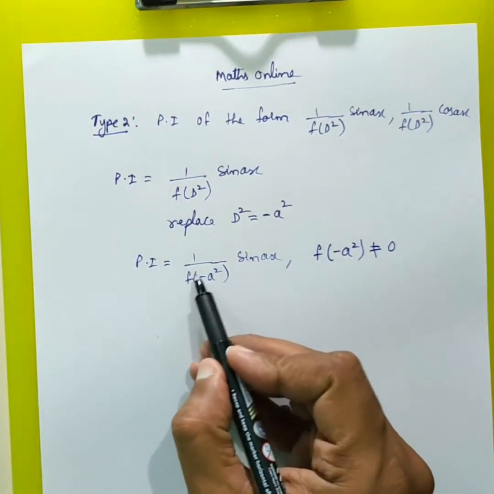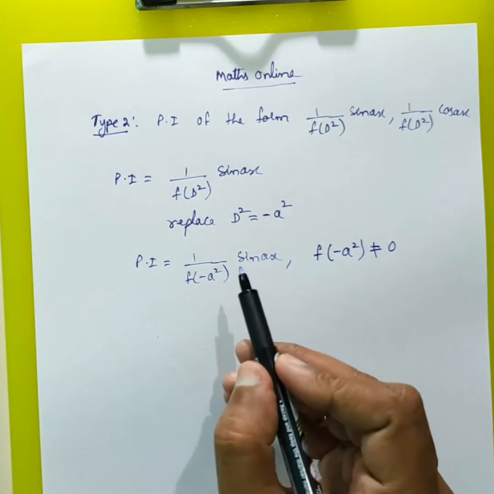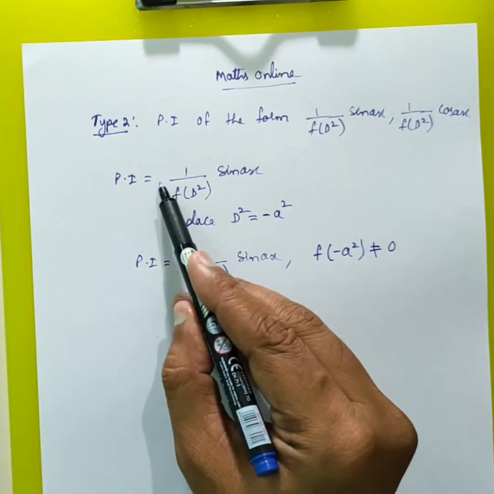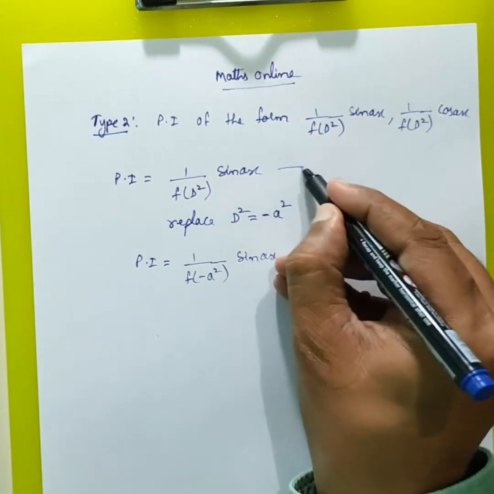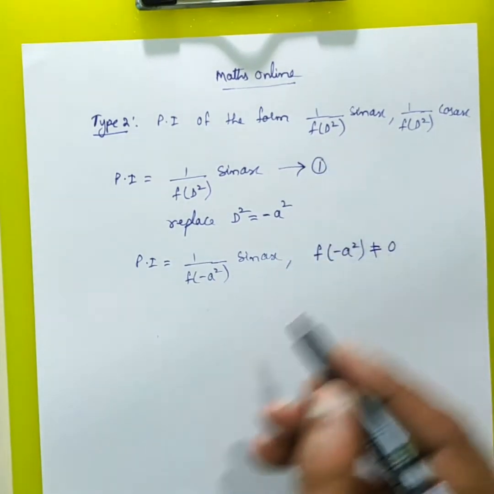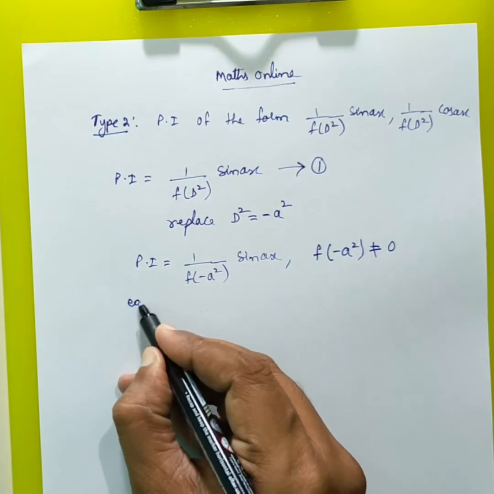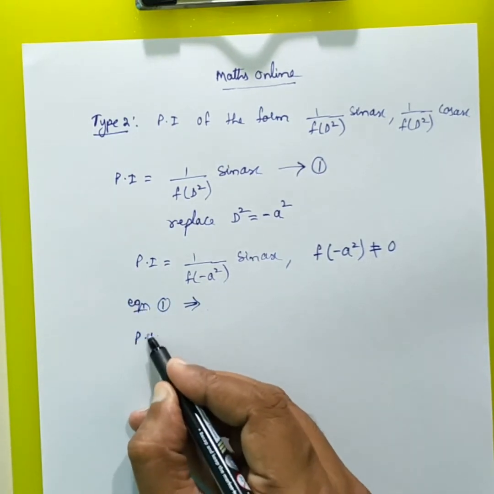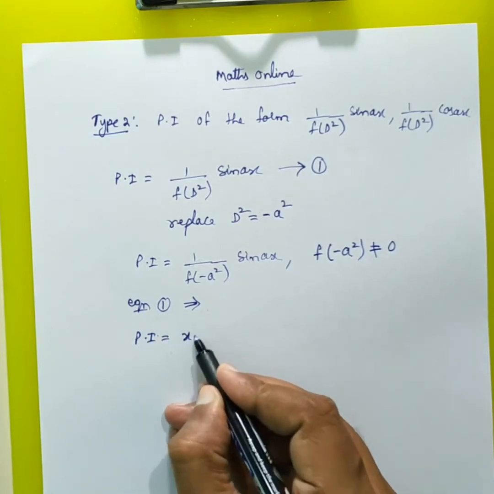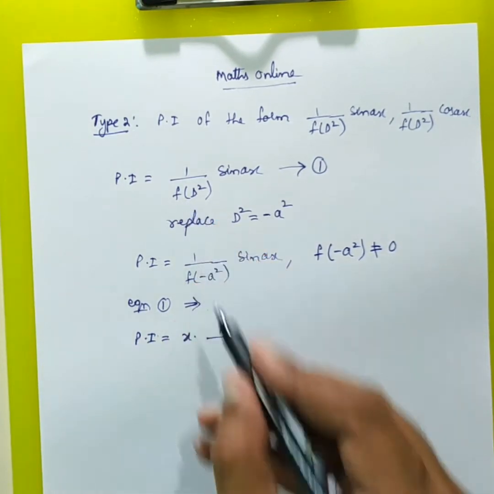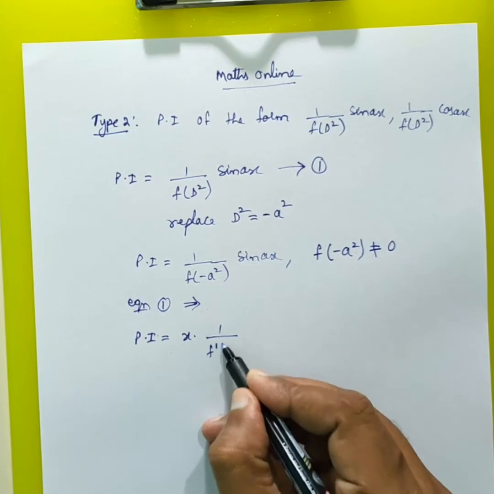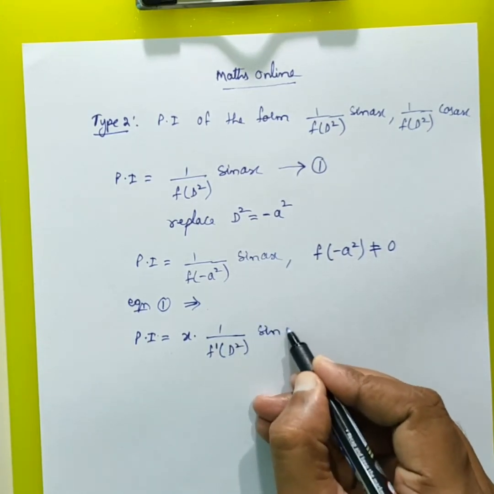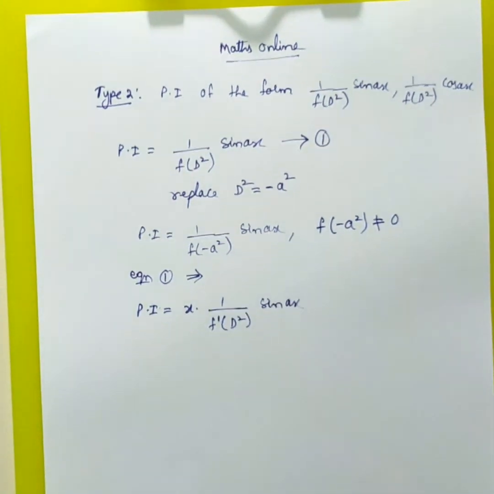In case this denominator becomes equal to 0, we have to differentiate the denominator and multiply by x. So if I take this as equation number 1, you have to multiply by x and differentiate the denominator: f dash of D square into sin ax.